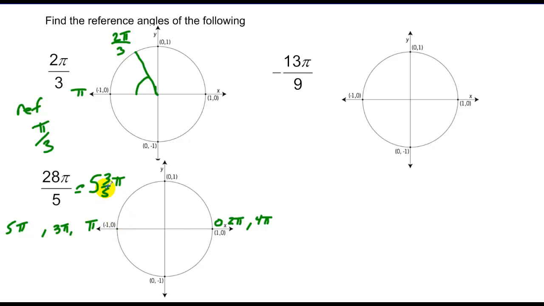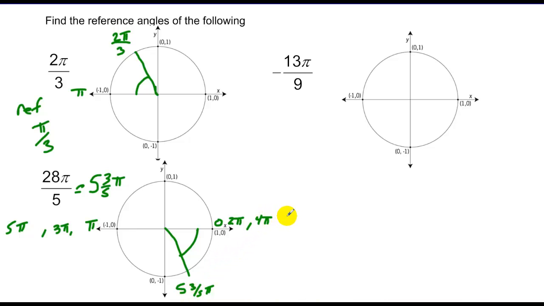Now 3/5 is bigger than a half, and here's that half, so this is 5.5 pi, so I'm a little bit more here. So this is 5 and 3/5 pi, which means I need to know how far I need to go to get to this right here.